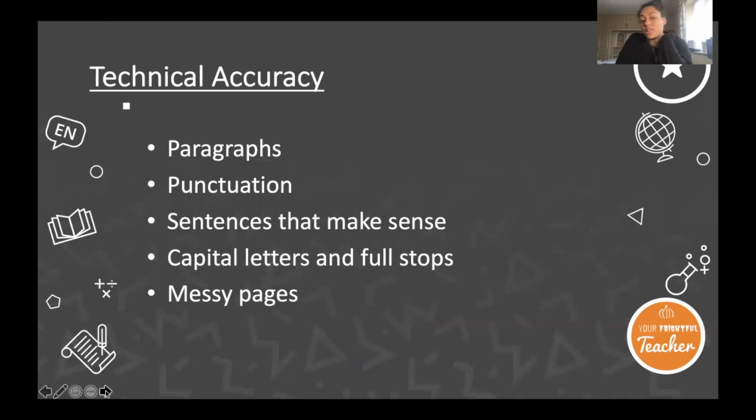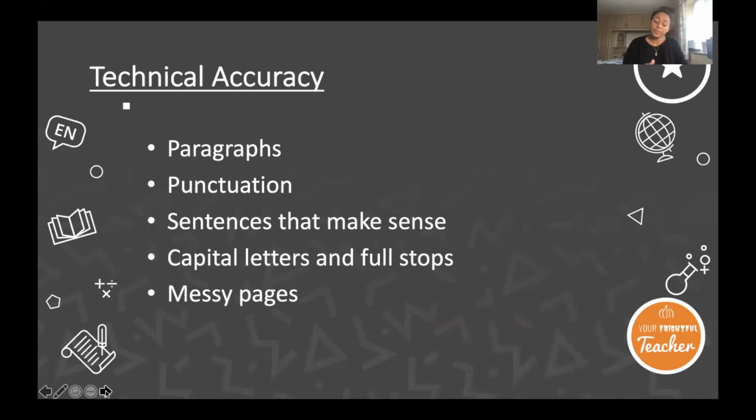So I'm just going to very quickly talk about technical accuracy and how important it is in an exam situation. So first off, please make sure you've got paragraphs. If you don't have paragraphs, you will literally be capped at like 6 out of 16 for technical accuracy. They make it really low, so make sure you've got some clear paragraphs.